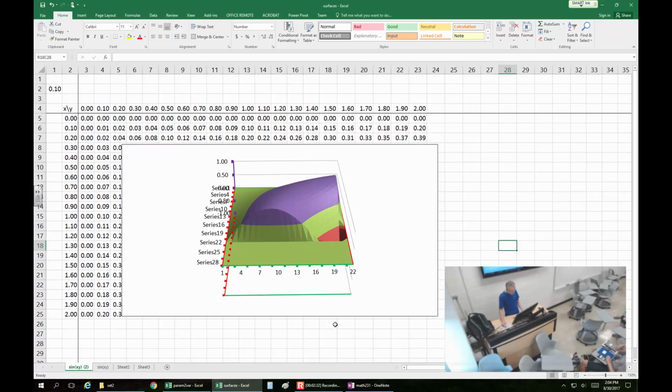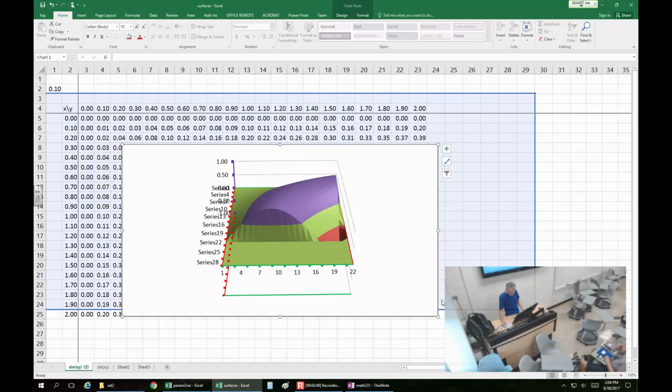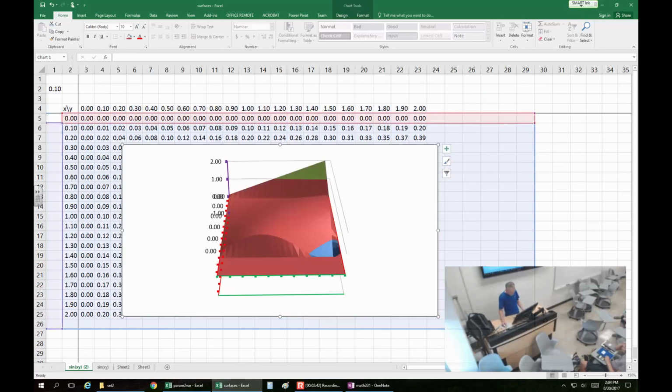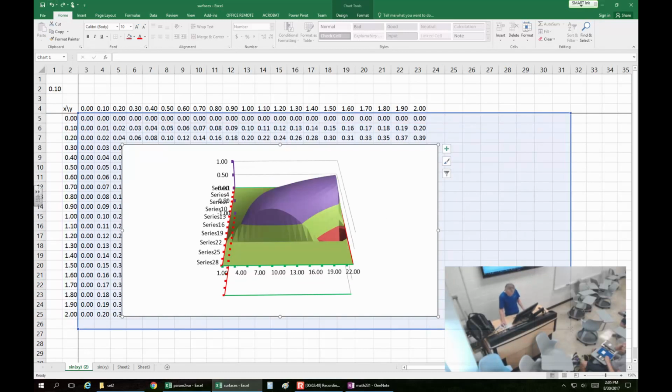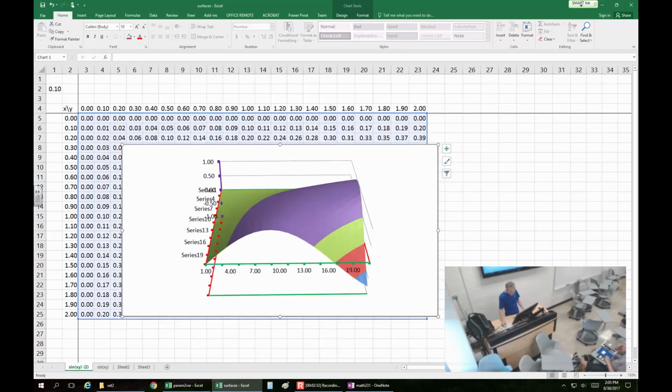Oh, I cut a little bit of the graph. Okay, so this is the data. It's cut a little bit, but you still can recognize the waves in both directions. Even if you go diagonal, it's still a wave, right? All right, so this is what I'm going to do.